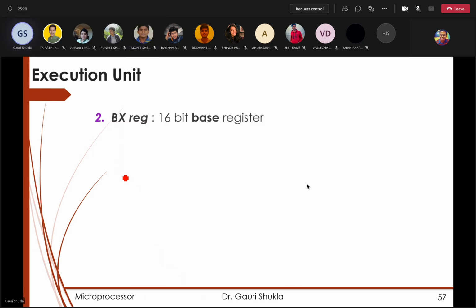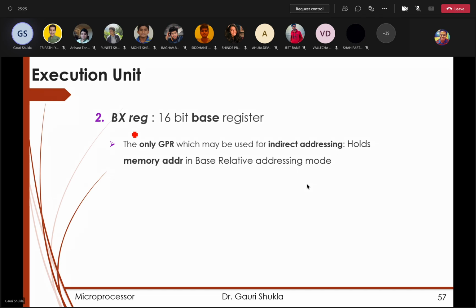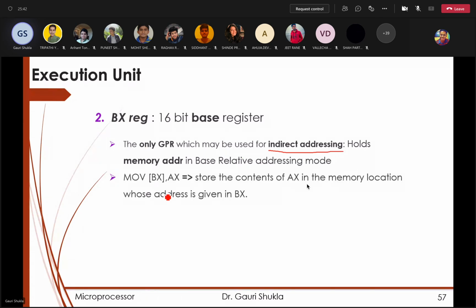Then we have BX. So BX is the only general purpose register used for indirect addressing, which holds the memory address in base relative addressing mode. I will explain that again when we are doing it. So just understand this instruction: move [BX], AX.